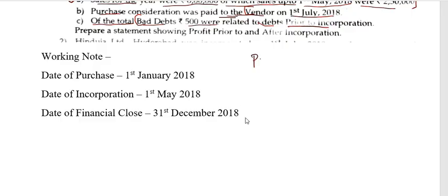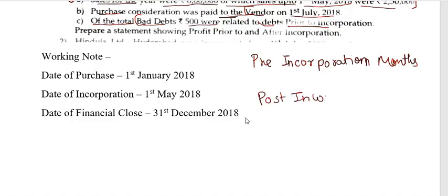So pre-incorporation months and post-incorporation months.